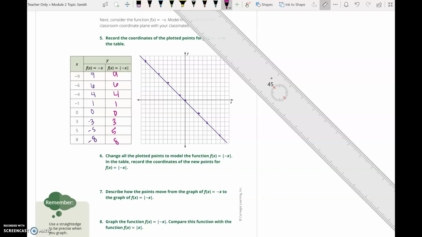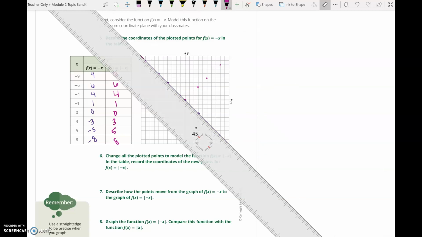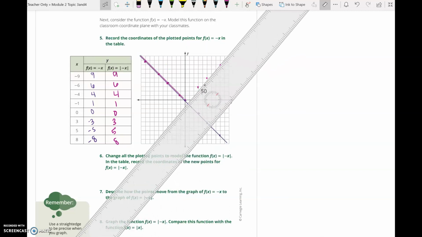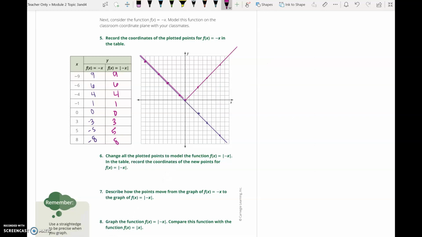So this time, when we graph it, different sides are going to line up with each other. So we are going to line up with this side, but we are also going to line up differently over here.